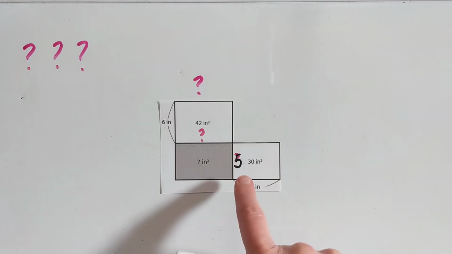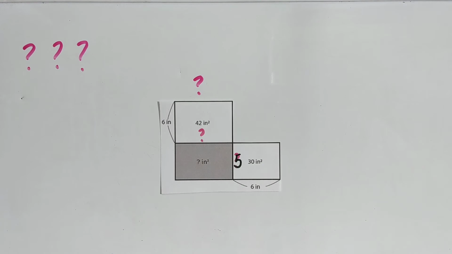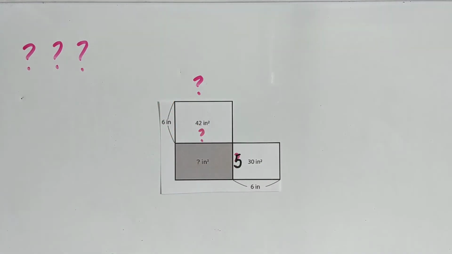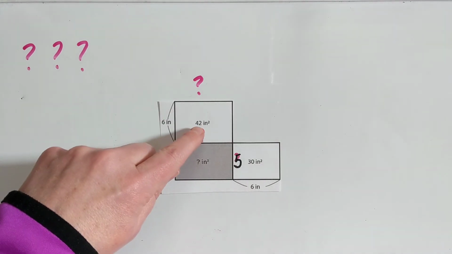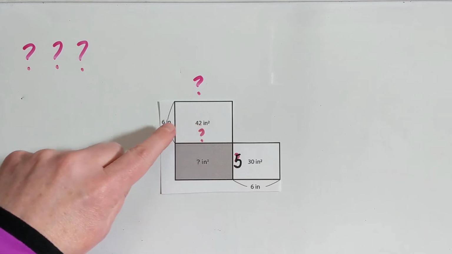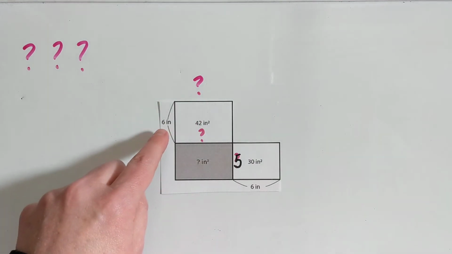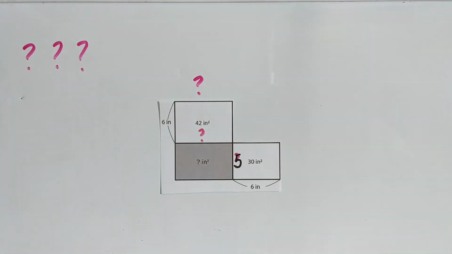Now I have 5 plus something equals something. Once again, that's not enough information, so I'm going to go to a different rectangle. Here I have one of the sides and the area, which is two pieces of information, so that should be enough to find the third. 6 times something gives me 42.